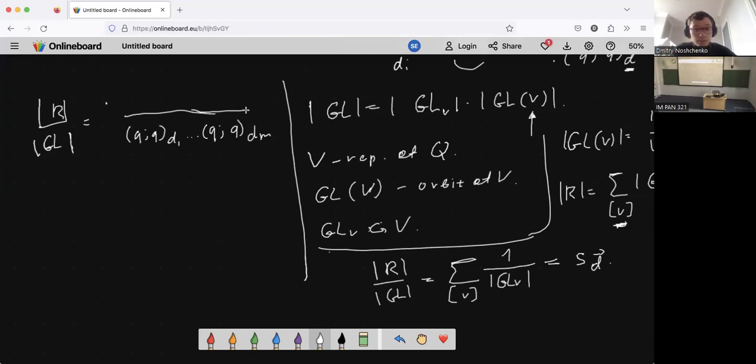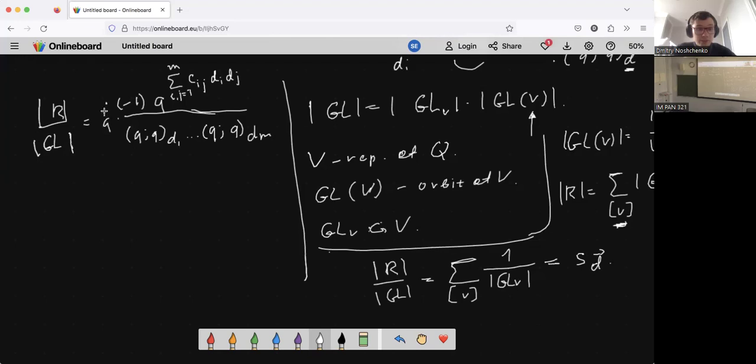So in the denominator we have the product of q-Pochhammers, and in the numerator we have this exponent q to the sum of C_ij d_i d_j. And we also have some piece which comes again from the size of GL. So there will be some minus sign, and there is some q to some quadratic power.